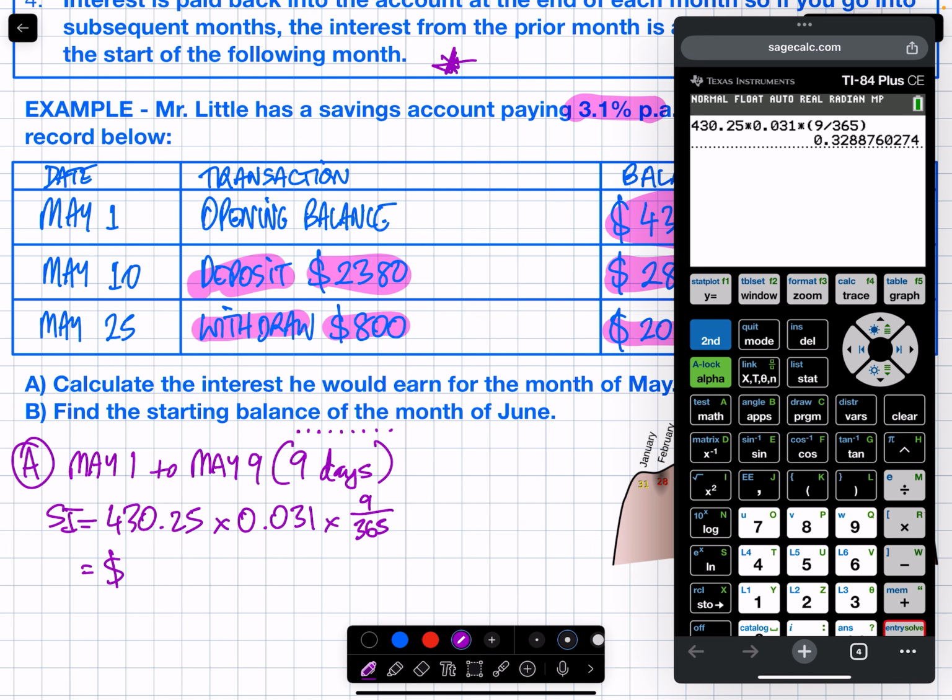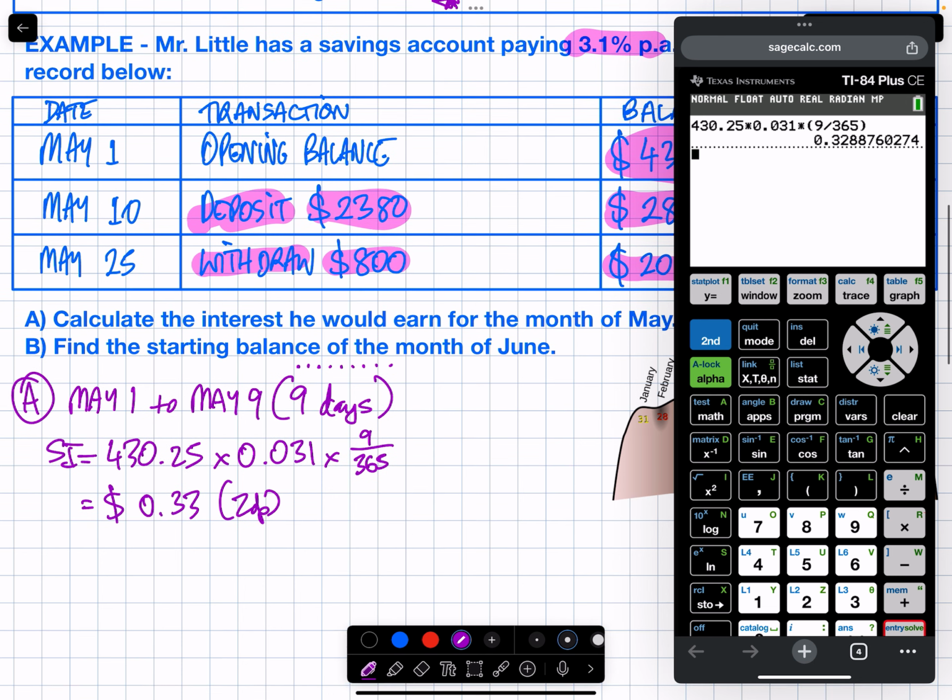For that first set of 9 days, he gets 33 cents to 2 decimal points. So that's May 1 to May 9.